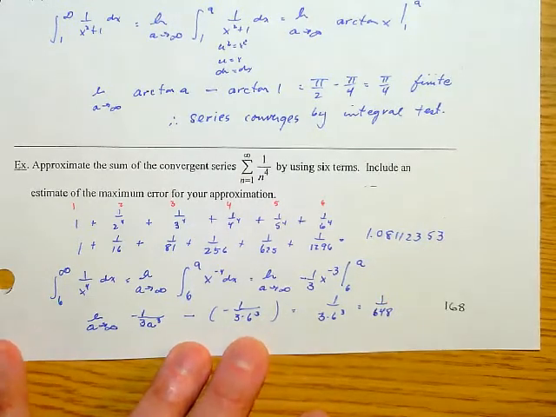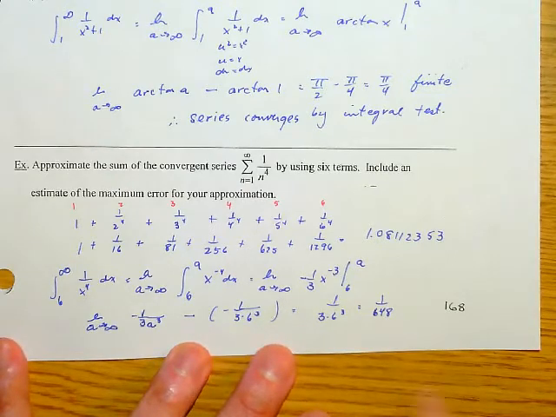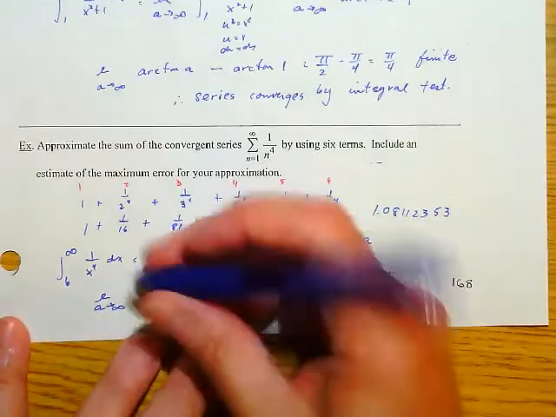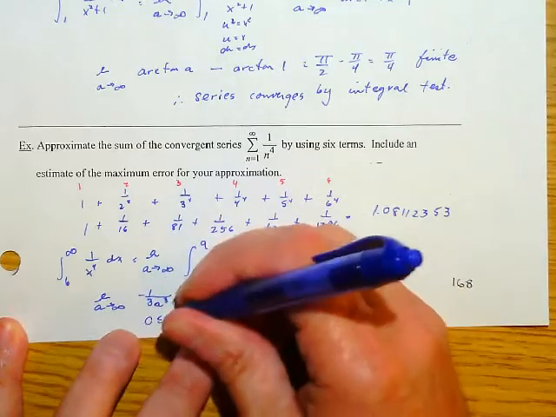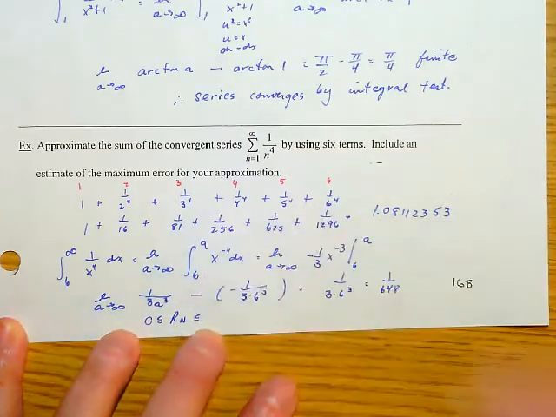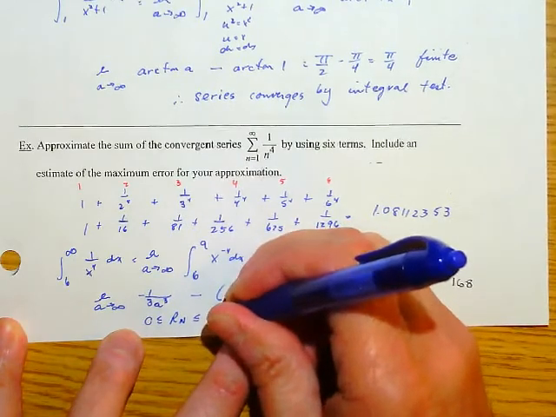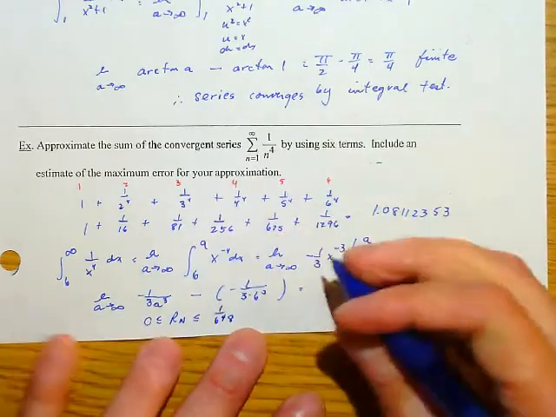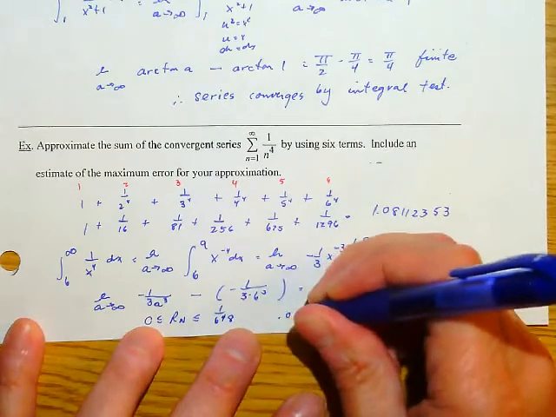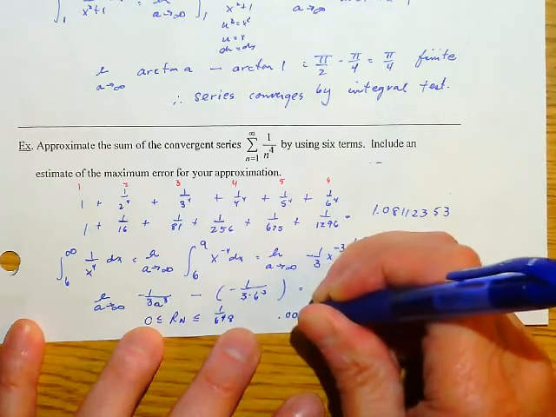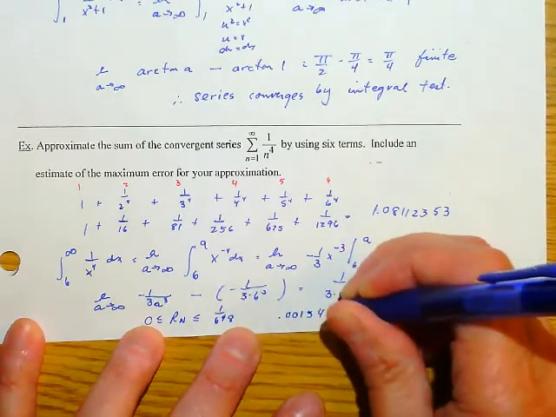Okay? So our remainder then is anywhere between 0 and 1 over 648, so 0 is less than the remainder, which is less than or equal to 1 over 648. That decimal form is 0.001543, by the way.